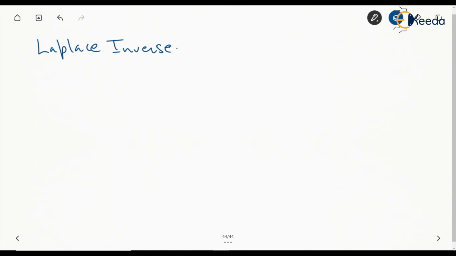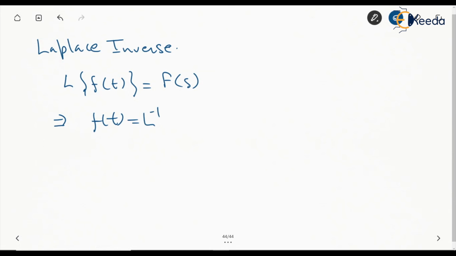If we have the Laplace transform of f of t as f of s, then the inverse says f of t is the Laplace inverse of f of s. We will try to understand it more with examples or questions.